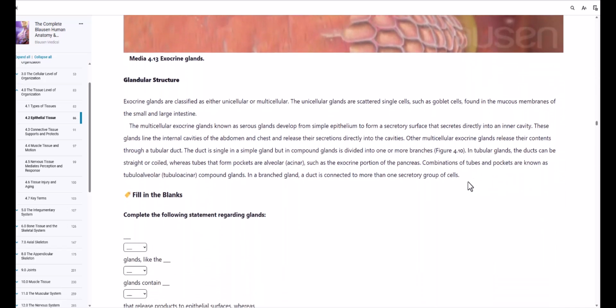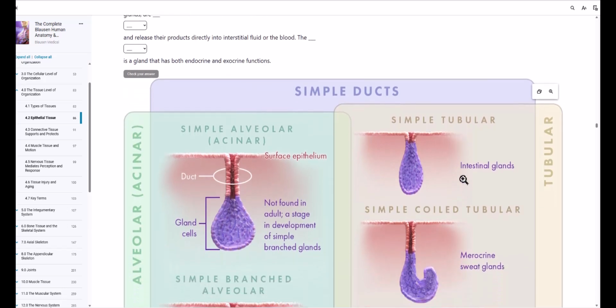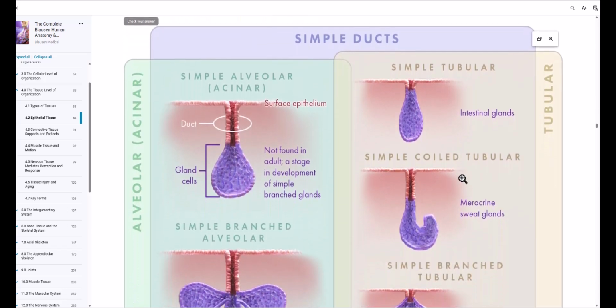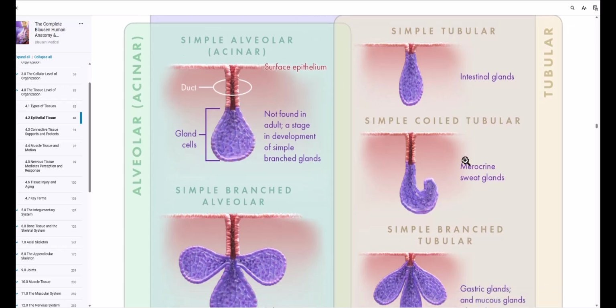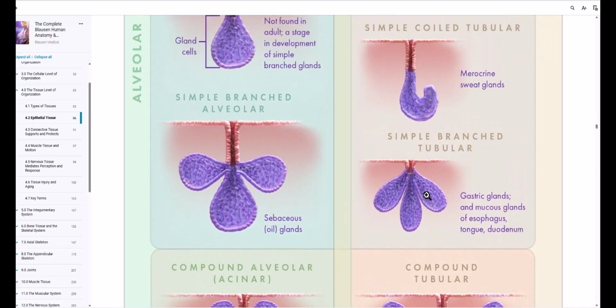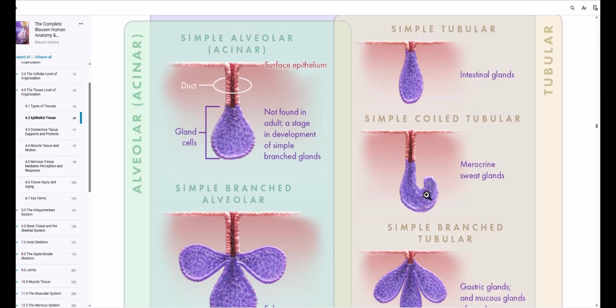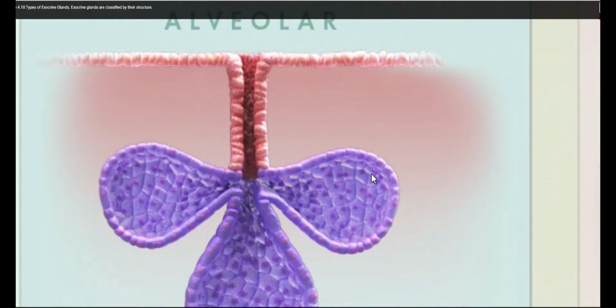And I am not going to get super excited about this first section, and that is glands come in multiple shapes and sizes. Whoop-de-doo. I'm not going to ask you to know acinar versus tubular versus simple versus compound glands. What I want you to see is that no matter what kind of exocrine gland we're looking at, let's zoom in here, we're looking at a group of, in this image, purple cells.